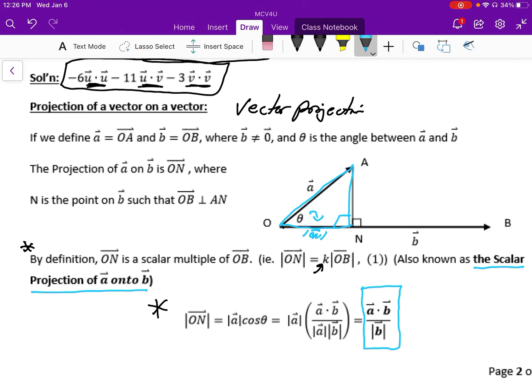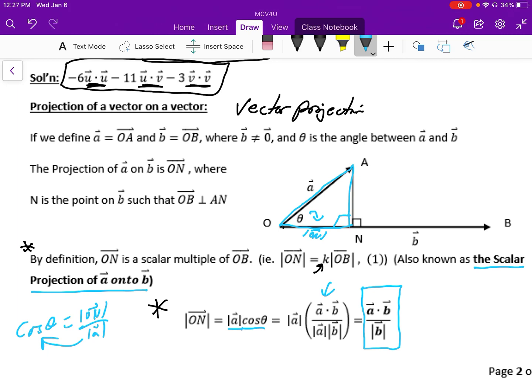When we simplify, if you've got cos theta equals ON over the magnitude of A, then when we solve for ON, we throw the magnitude of A on top, and we get the magnitude of A times cos theta. Cos theta, by using the dot product, is this bigger bracket, and we've used that before when calculating what the angle is.